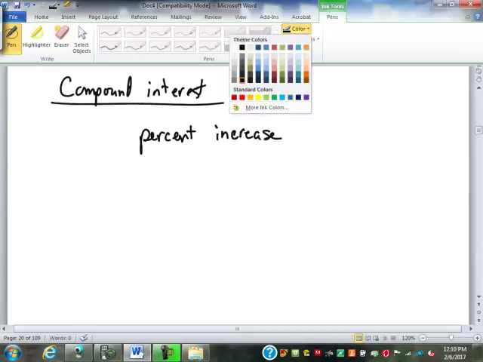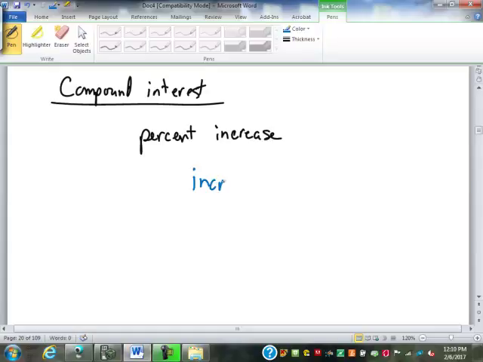If we had something that was increased, let's say 4%, what that meant was we had the original 100% plus an additional 4%. So what we're dealing with is 104%. And that's kind of the principle that compound interest works on.